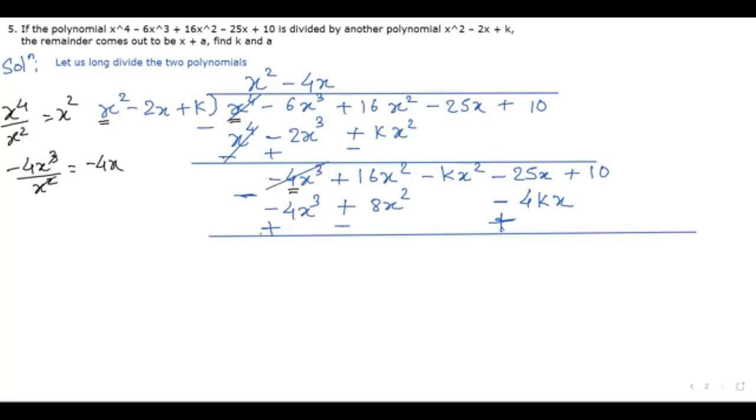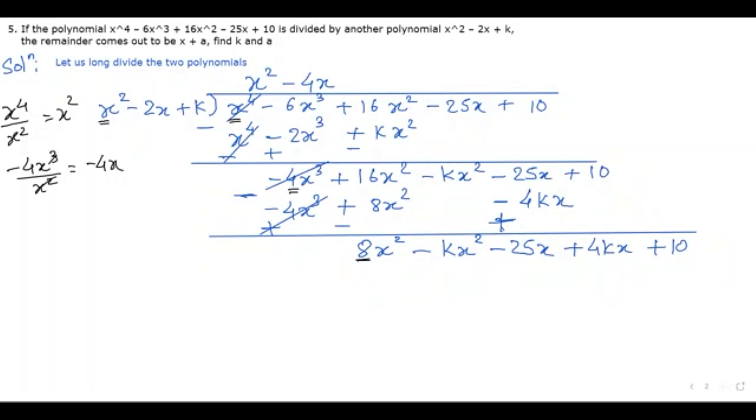Minus 4x cube as usual has got cancelled with the first term 4x cube. 16 minus 8 is 8x square. Minus kx square. Minus 25x is a different term. Plus 4kx is one more term of x, plus 10.